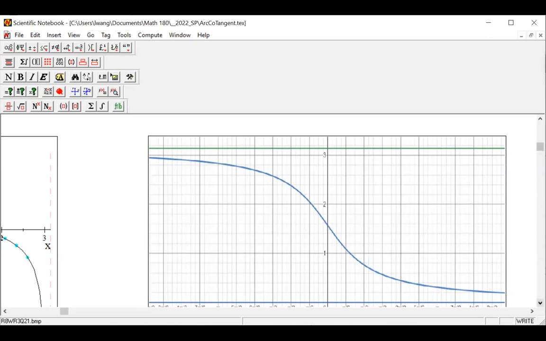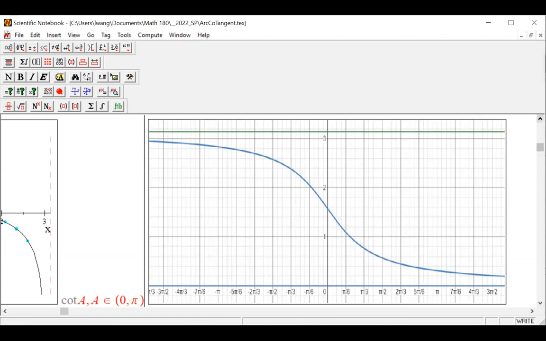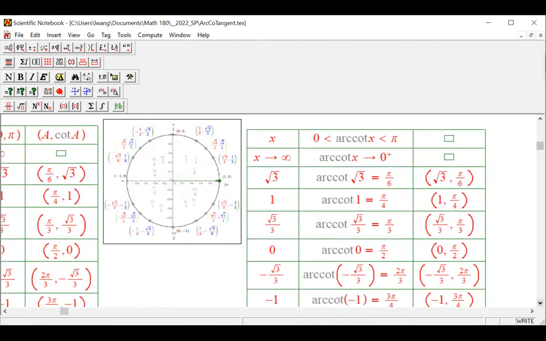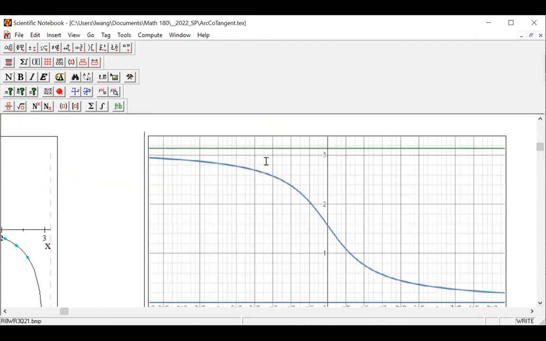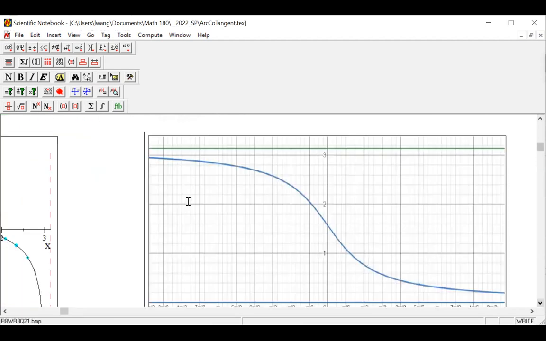And the other one, as the ratio approaches negative infinity in this direction, arc cotangent approaches pi from smaller than pi. You can see the entire curve is less than pi but above 0. So this is arc cotangent as we have done it.